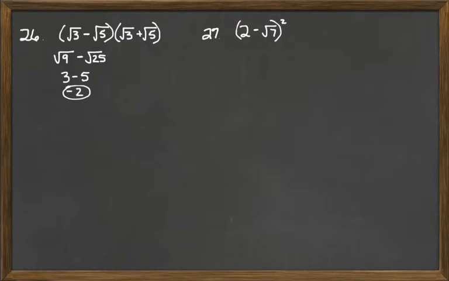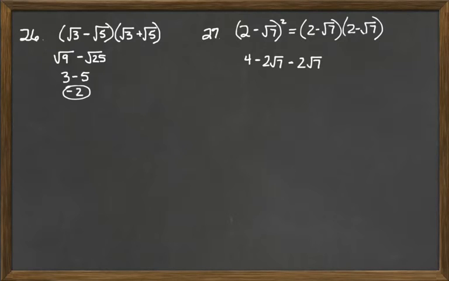Now the next one, you don't need to jump the fence and just square the 2 and the 7. You do need to write those out and use the FOIL method or the distributive property. So 2 times 2 is 4. 2 times the negative square root of 7 is minus 2 root 7. Now you're going to distribute the negative 2 root 7 to the 2.